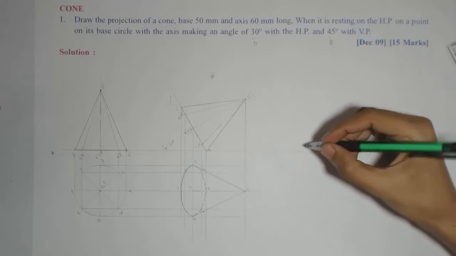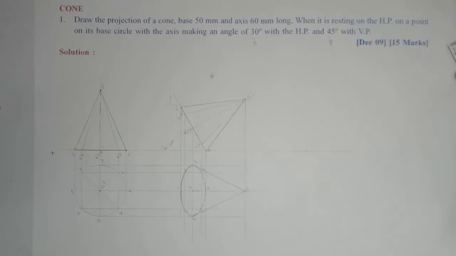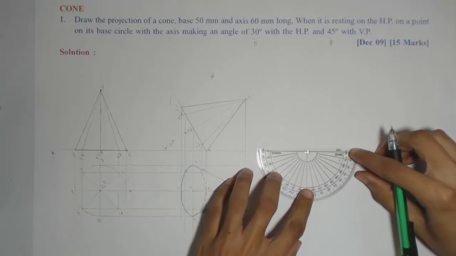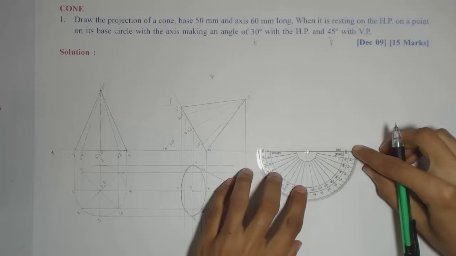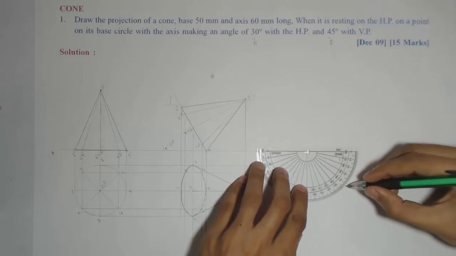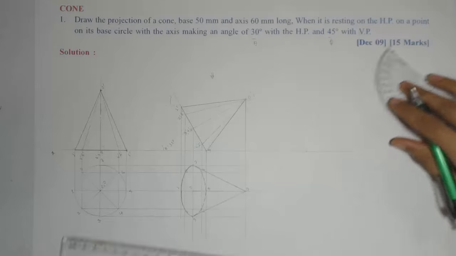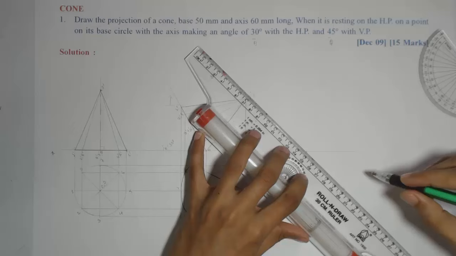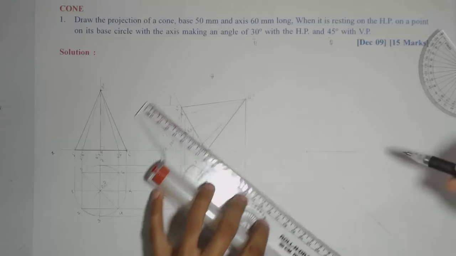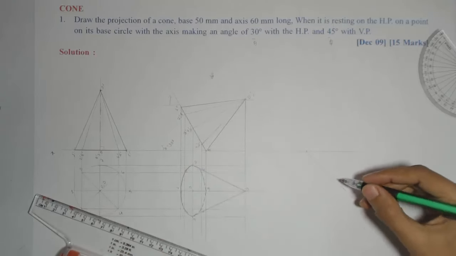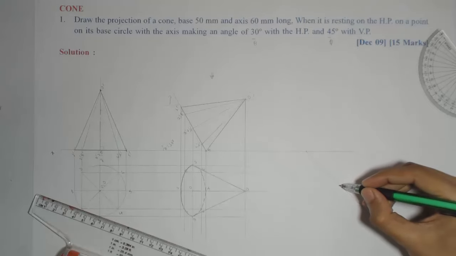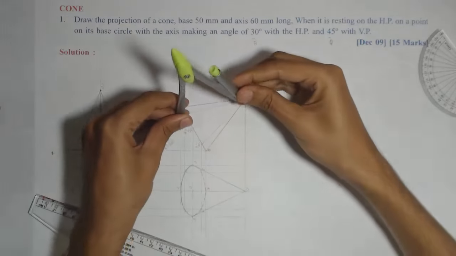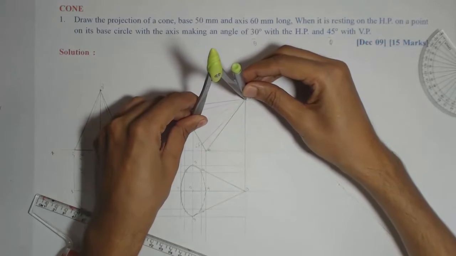So the method for that is, first I'll mark this true inclination 45 degree. Okay, and on this 45 degree, I'll first mark the true length of the axis, means this length, which is 60 mm.